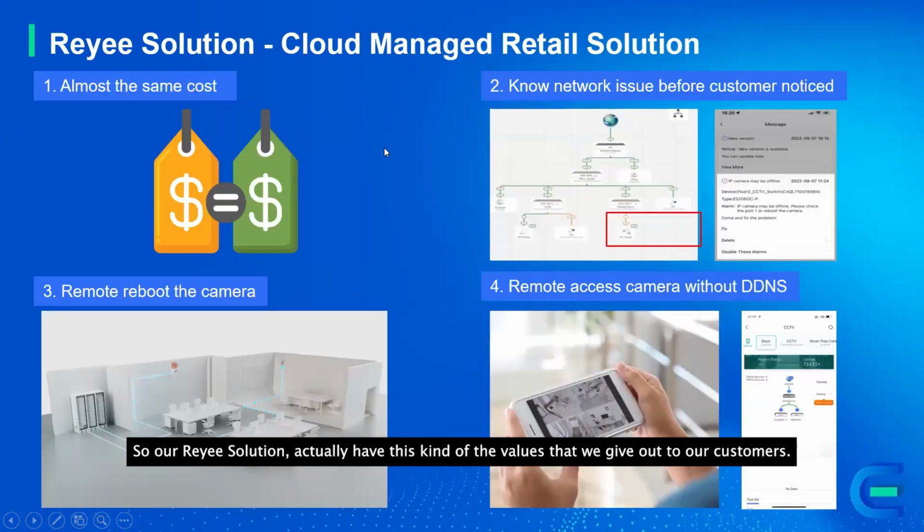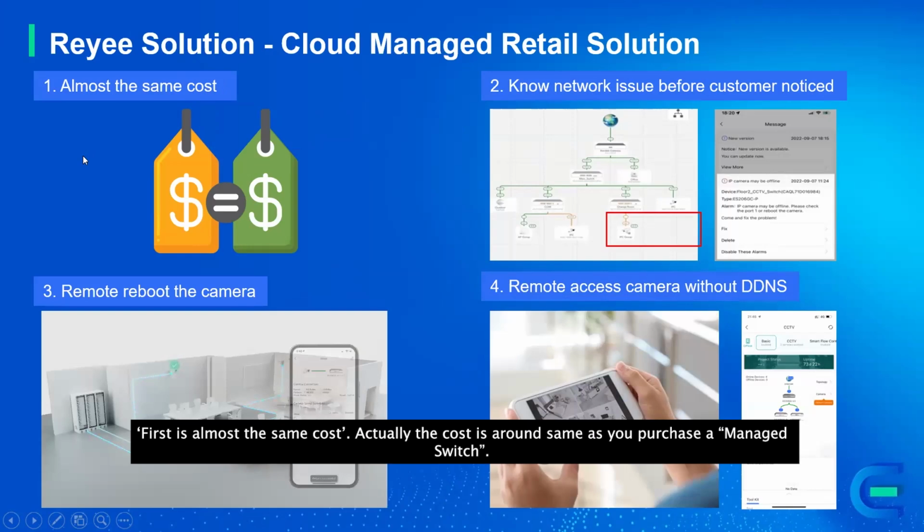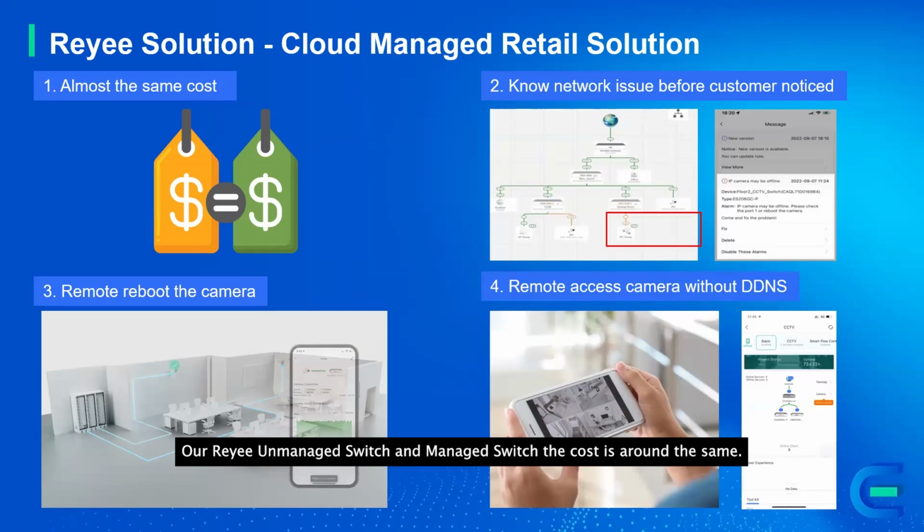Our Reyee solution has all these features and values that we give to our customers. First, the cost is around the same as purchasing a managed switch. We can know about network issues before our customer notices, because we have Ruijie Cloud.